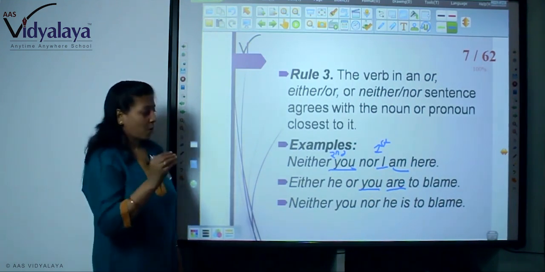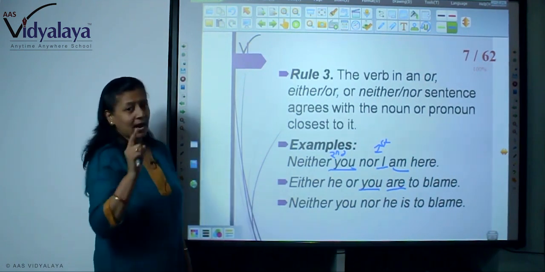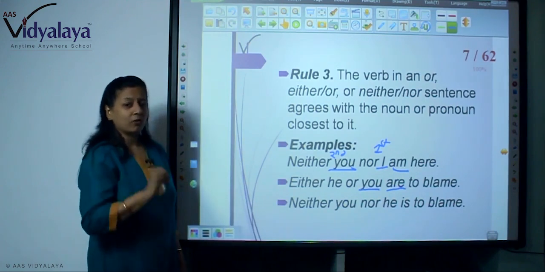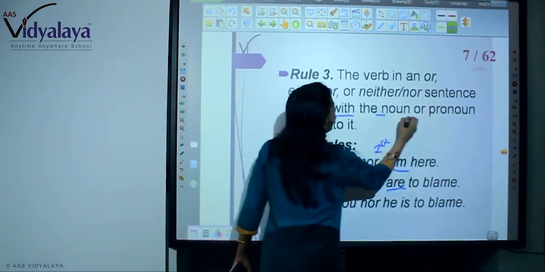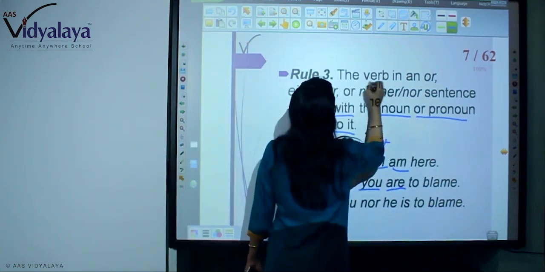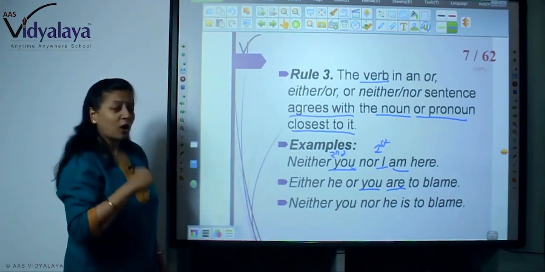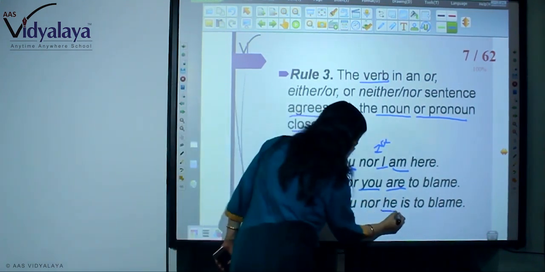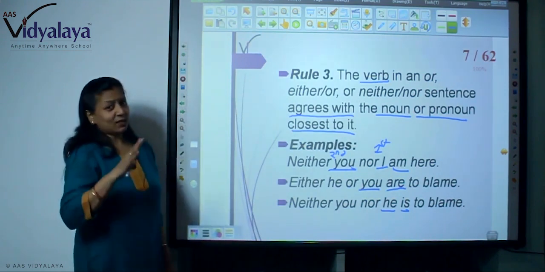What is the verb? What is the person? That you will have to consider for subject-verb agreement. The verb agrees with the noun or pronoun closer to it. Closer to what? The verb. Right? Neither you nor he is to blame. Here, as it is he, so is. It's very easy to understand.